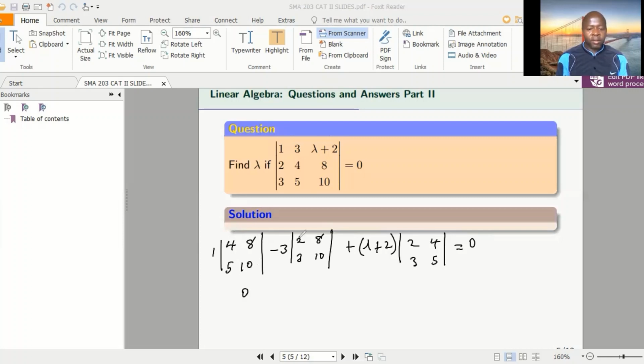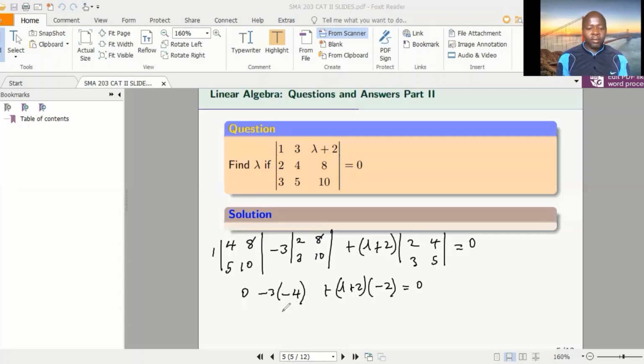And this is 20 minus 24, that is negative 4. Then plus lambda plus 2 into 10 minus 12, it is negative 2.